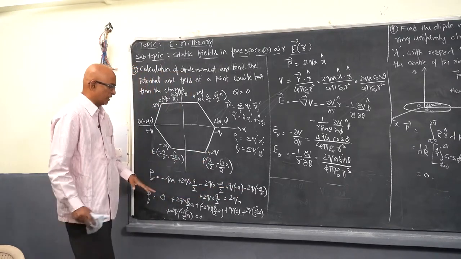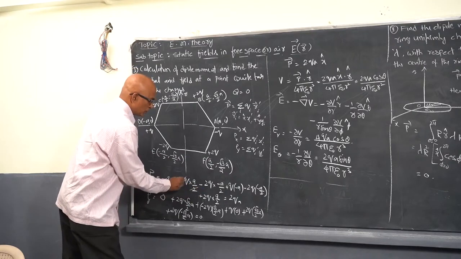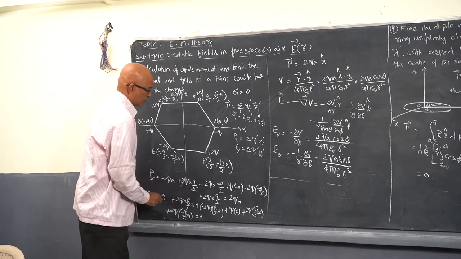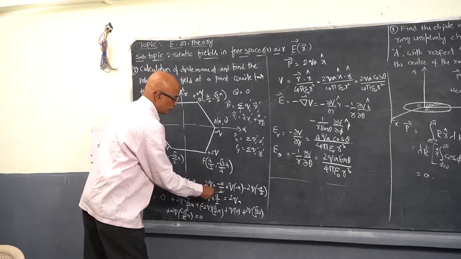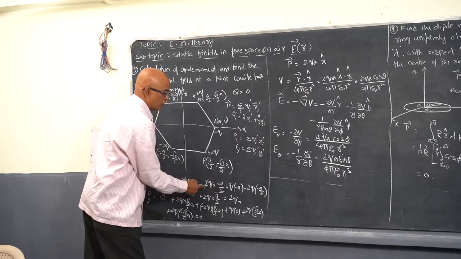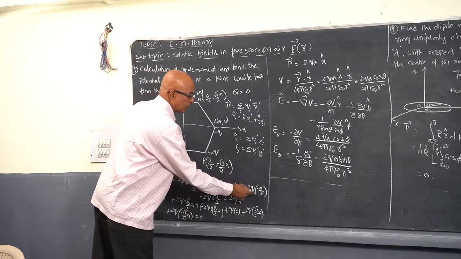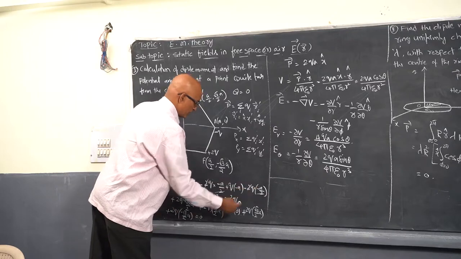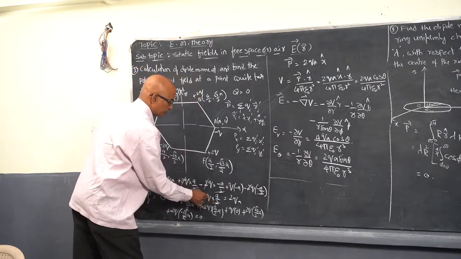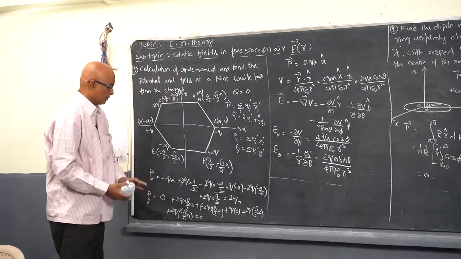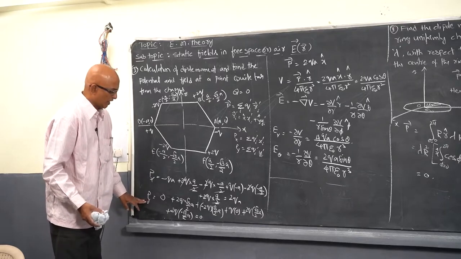Finally, what is the value we are getting? Here the 2 is cancelled, minus Qa plus Qa is cancelled, then the 2 is cancelled, plus Qa minus Qa cancelled, the 2 is cancelled, plus Qa, total 2Qa. Then coming to the y component of the dipole moment.